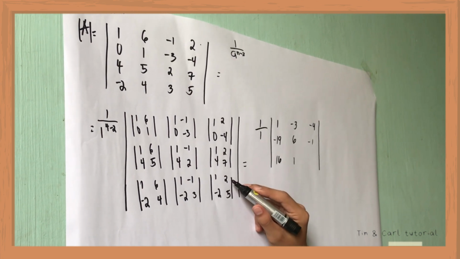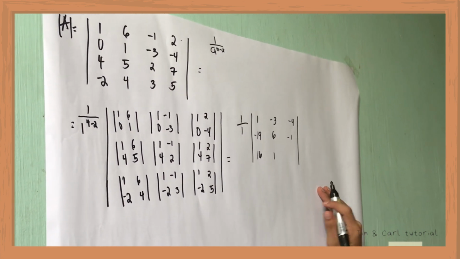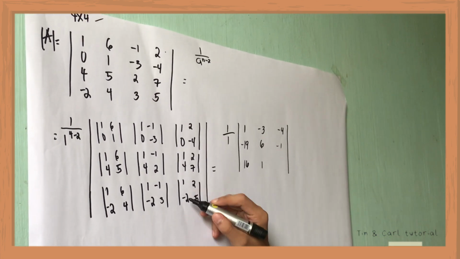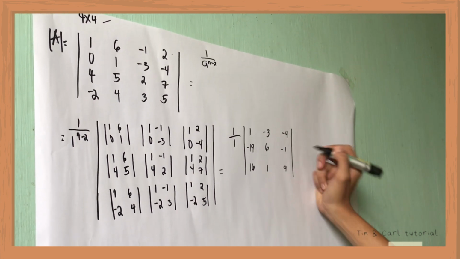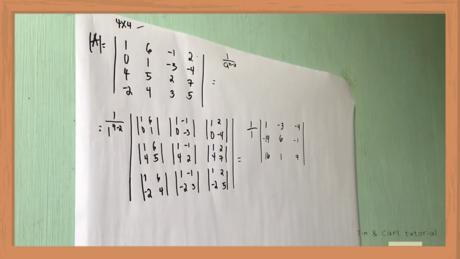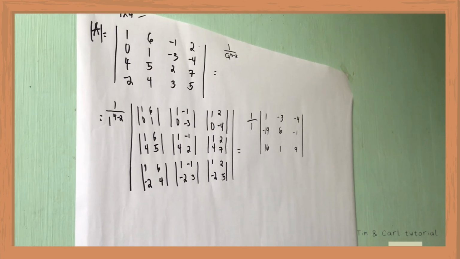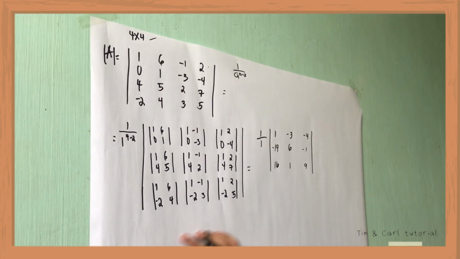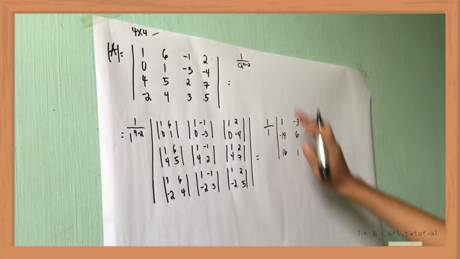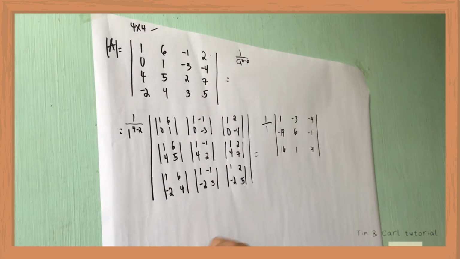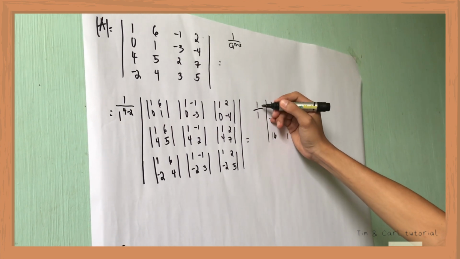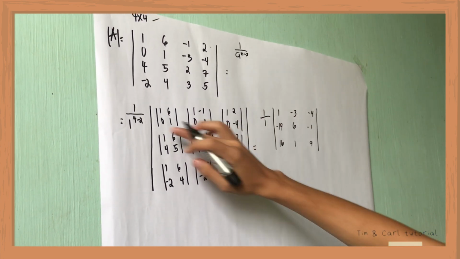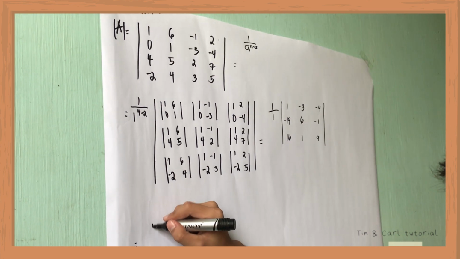Negative 2 multiplied by 2 is negative 4. So, magiging positive to kasi subtract. 5 plus 4 is 9. And then, ulitin lang natin tong process na to ng 3 by 3 katulad nung kanina. So, equals. Ang value natin dito is 1. So, yung value nito ilalagay sa taas nito.